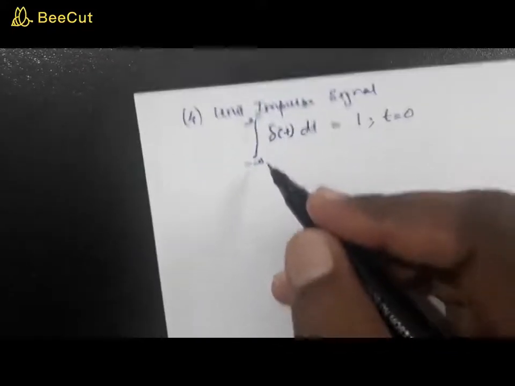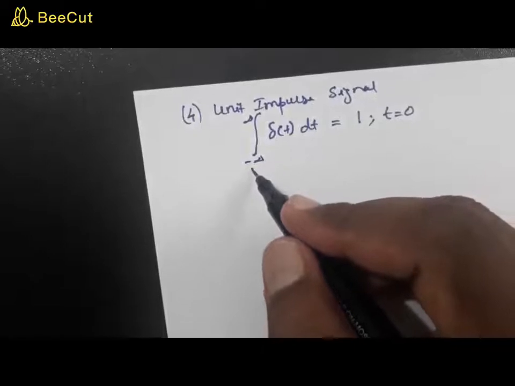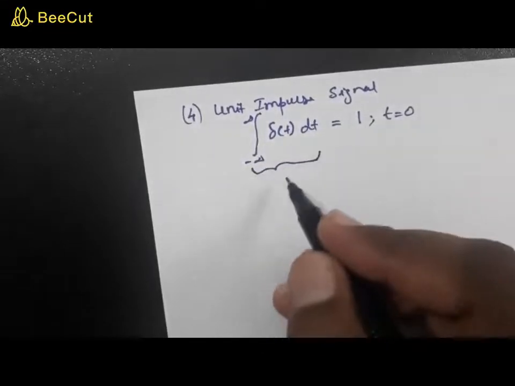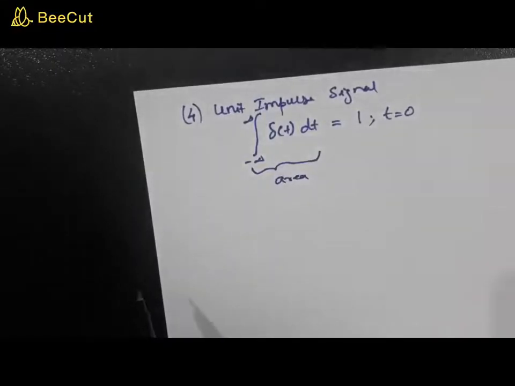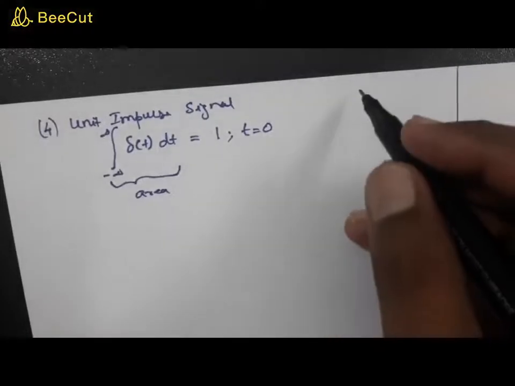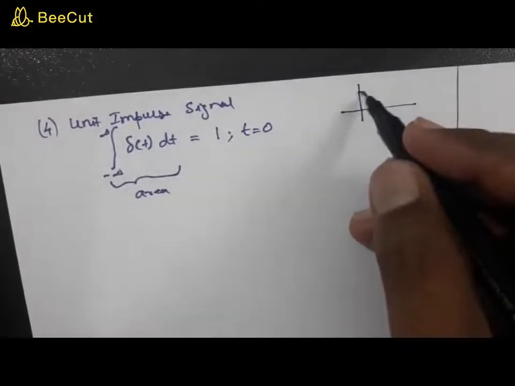That means, as I told you when we studied signals and systems, this always refers to the area of a short duration pulse. Impulse means a short duration force.